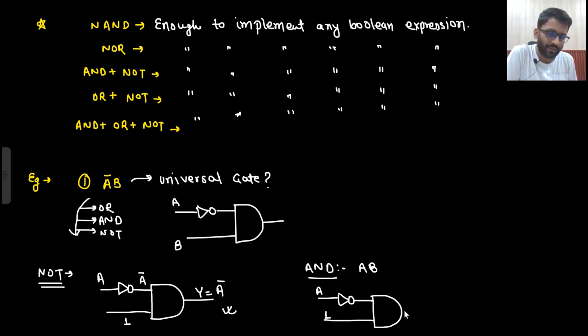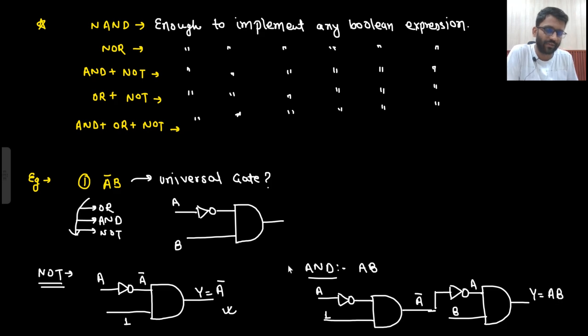So from here I will get A bar into 1, that would be A bar. Then here I will go A bar, and here I will put B. So what I am getting? Here I will get A into B, Y is equal to A into B. So AND gate I have got. NOT gate I have got.